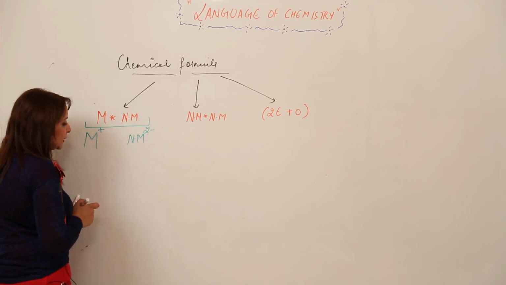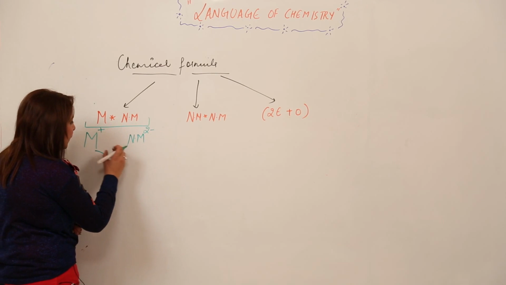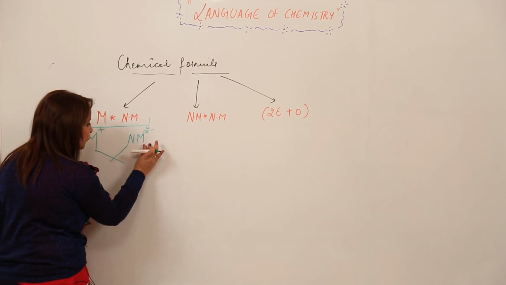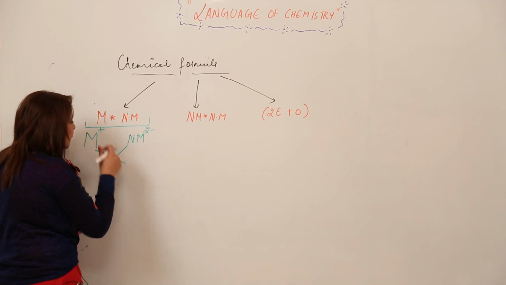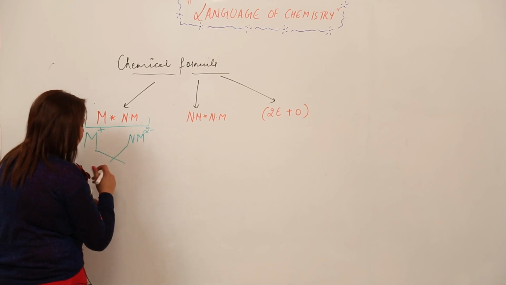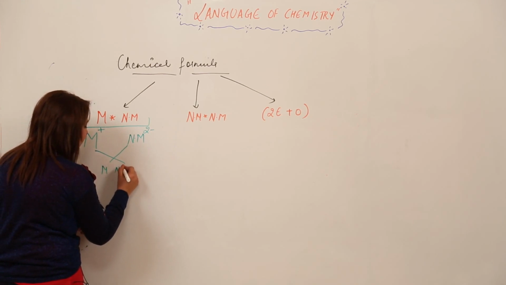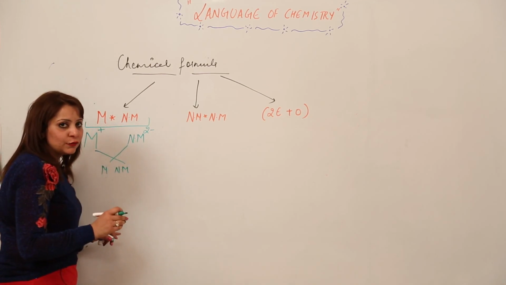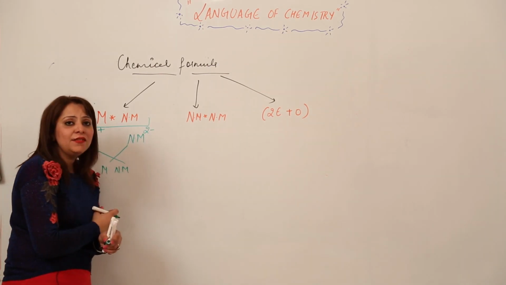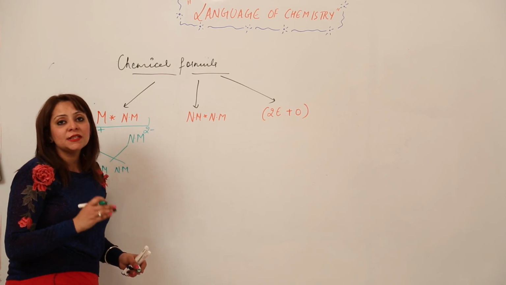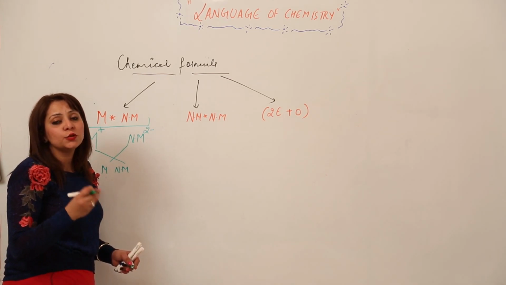Then crisscross them by interchanging their valencies. Write the valency of the first on the foot of the second, and the valency of the second on the foot of the first, right. When you are crisscrossing them, don't change the places of the metal and non-metal; they will remain as such. You just cross the valencies, and don't write plus or minus signs on the foot, just the number.